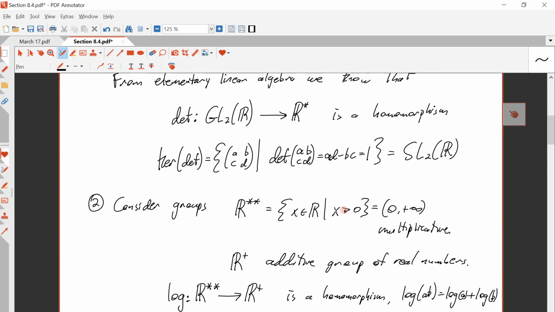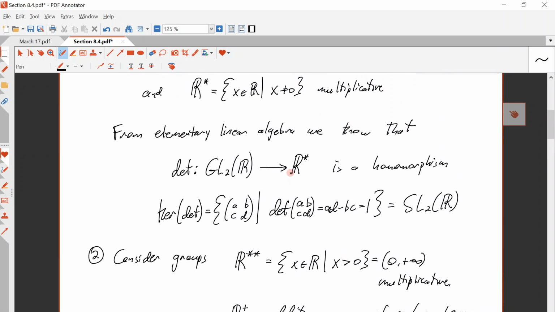Here, the identity in the range is 1. That's a multiplicative group, R star. So the kernel of the determinant homomorphism is all matrices that go to the identity, which is 1.